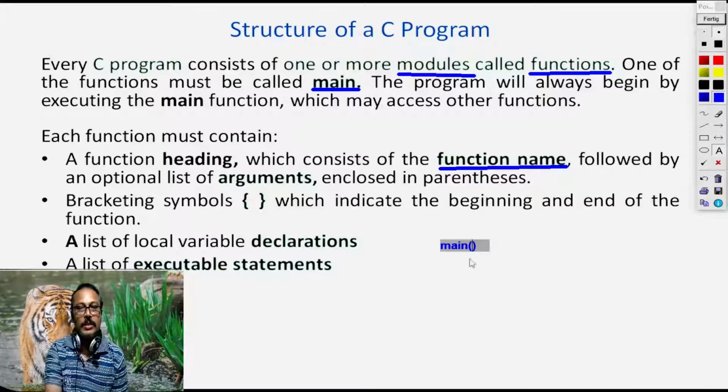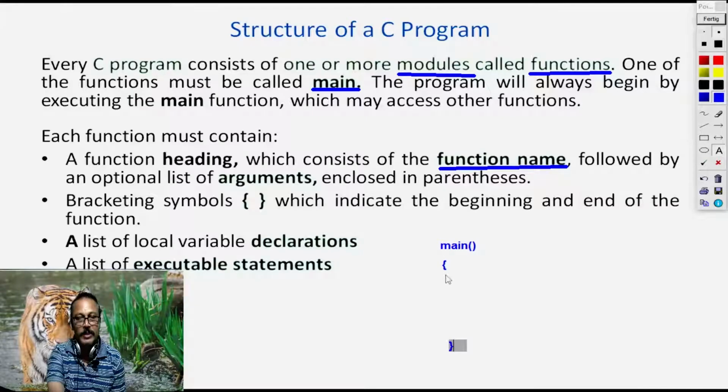Next, this will be followed by the bracketing symbols. These are the bracketing symbols, flower brackets, which indicate the beginning and end of the function. If we have multiple functions, they will be separated.